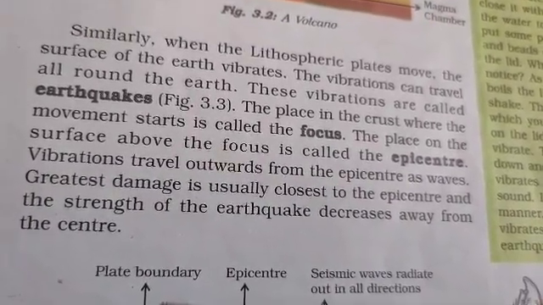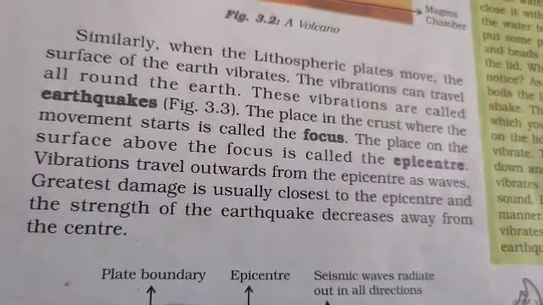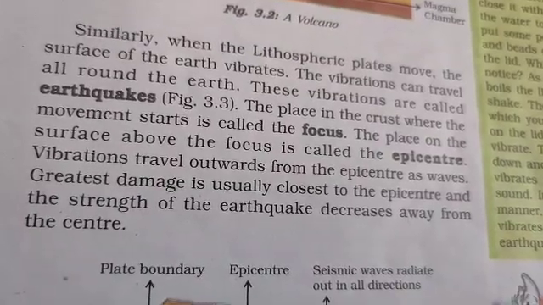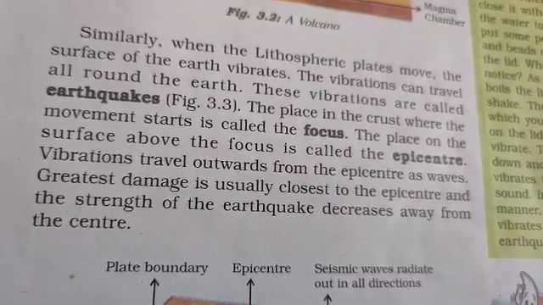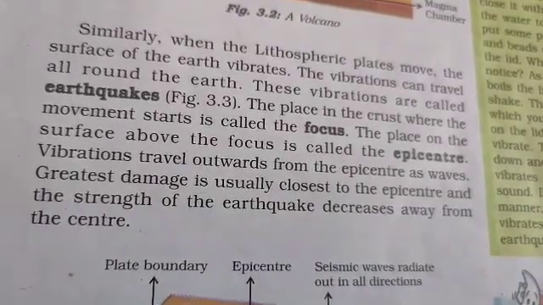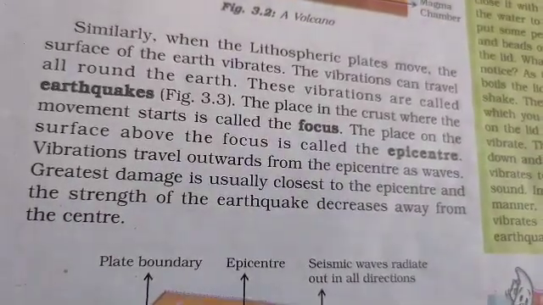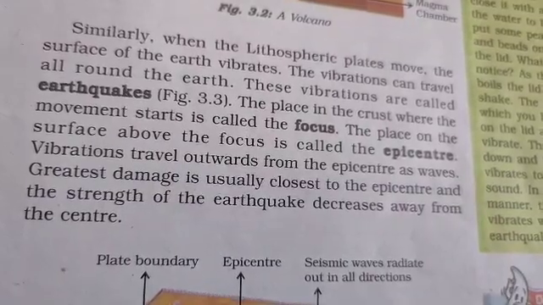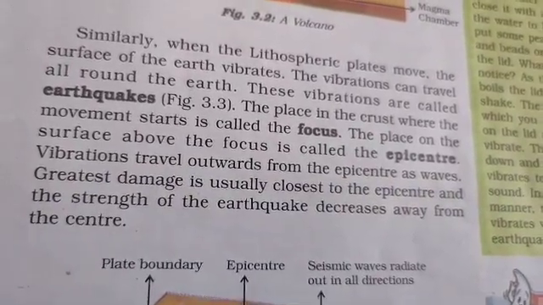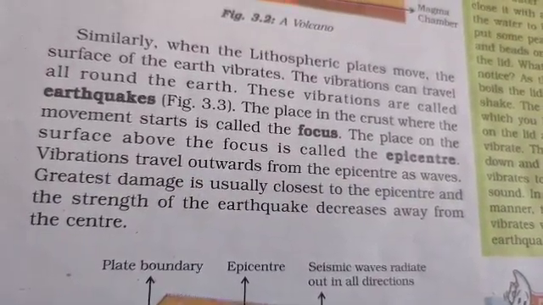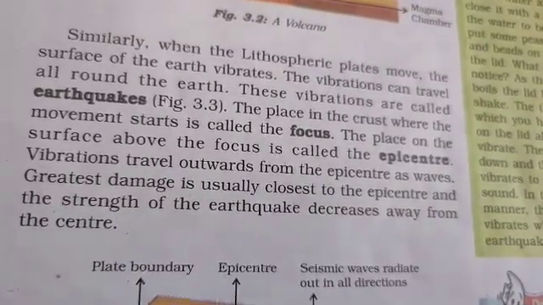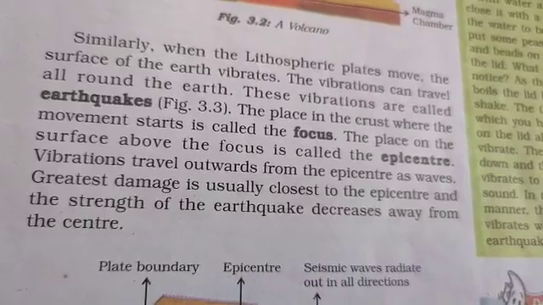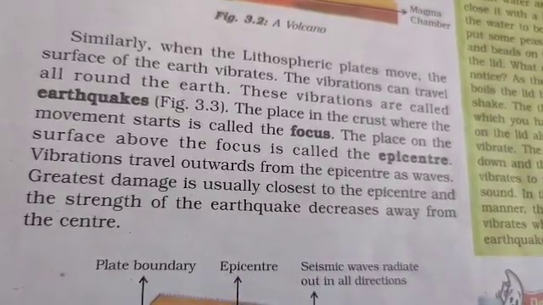I can give an example of how the waves from the epicenter go on getting bigger and bigger, and as they become bigger and reach a long distance, the effect and force of the earthquake becomes lesser and lesser.